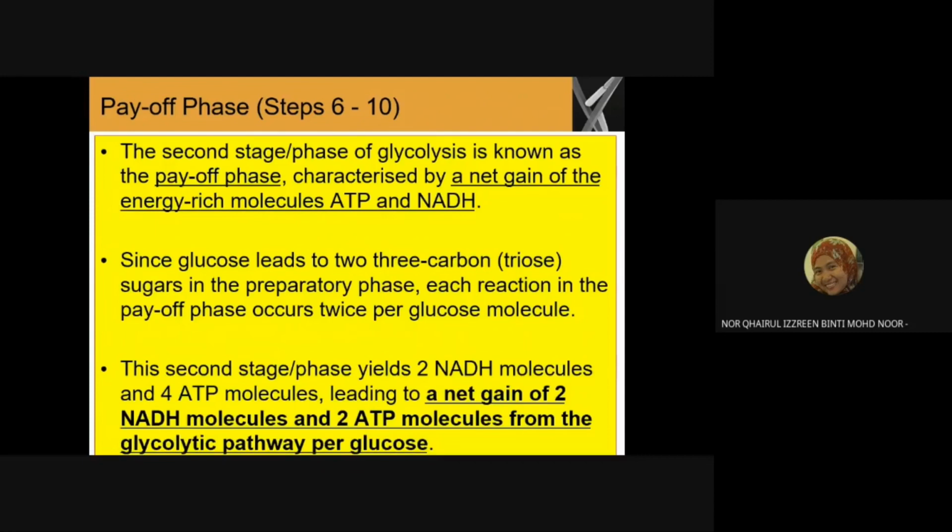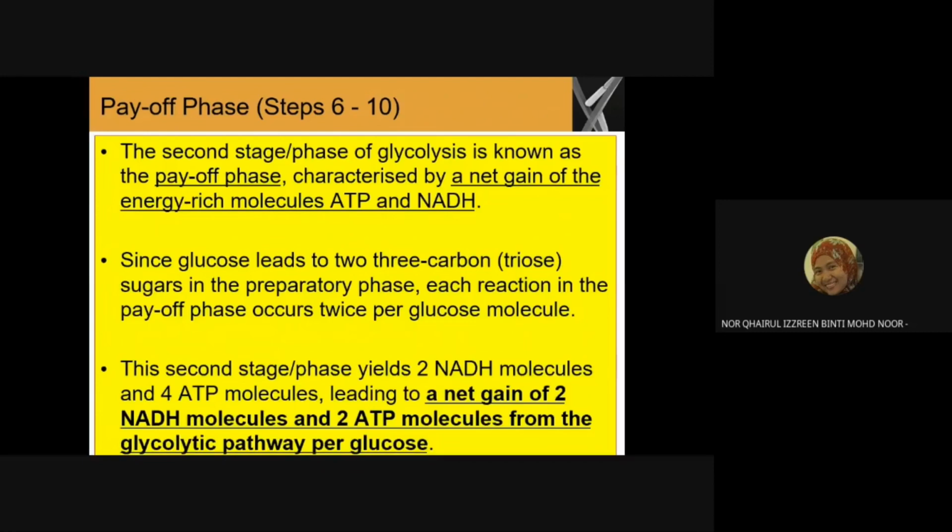Remember that glucose has 6 carbons, and towards the end of the first stage, you produce 2 molecules of 3 carbon, which we call triose sugar. This reaction occurs twice for 1 glucose molecule. The second stage will produce 2 NADH molecules and 4 ATP molecules.